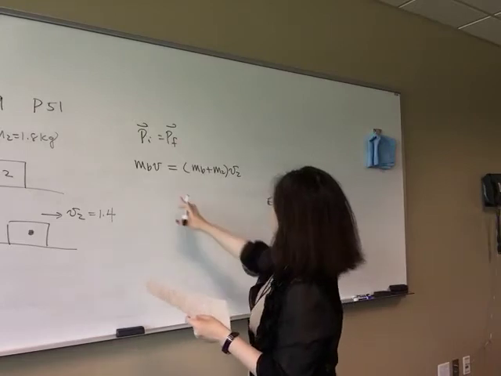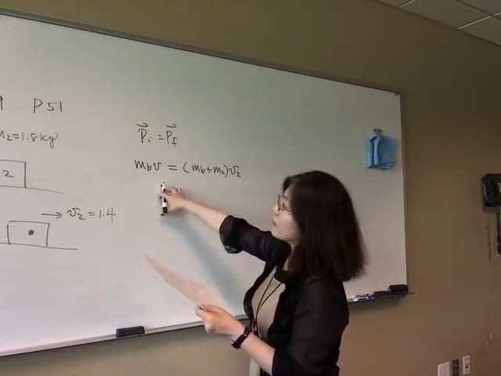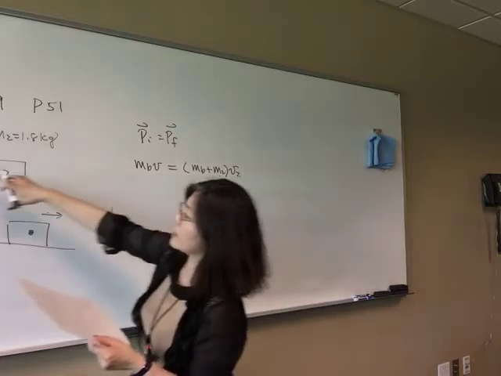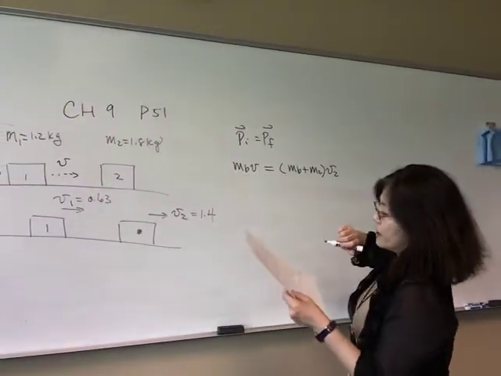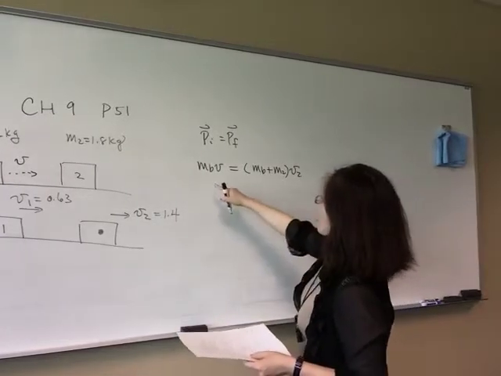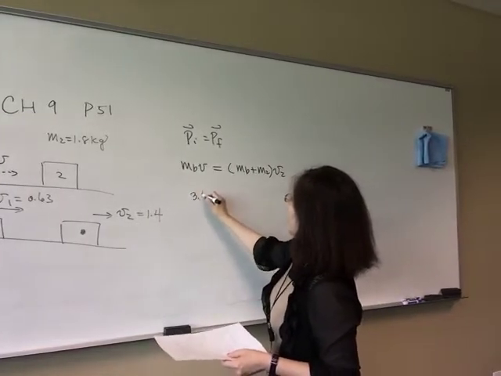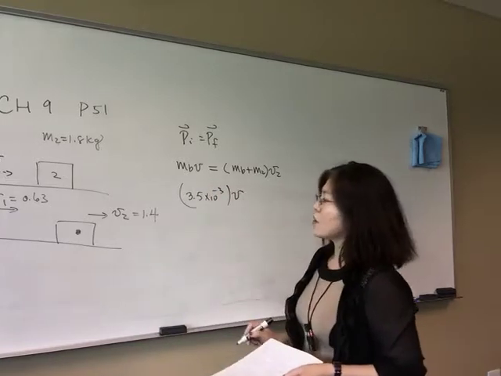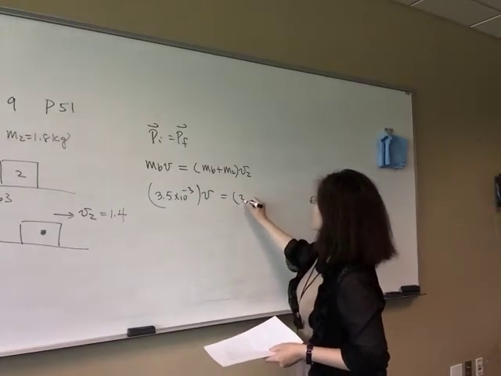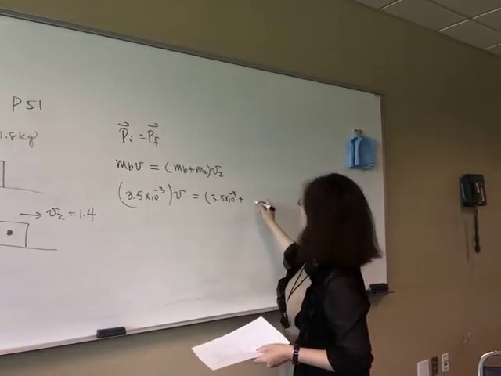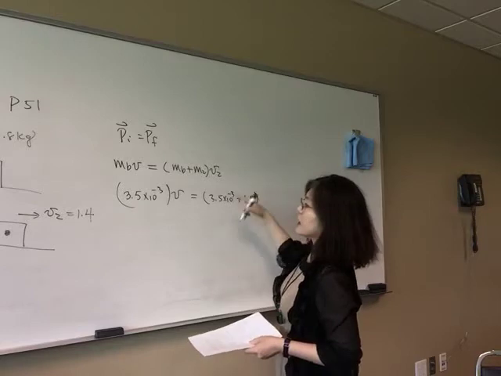In that case, you can calculate the velocity when the bullet emerges from block 1. So what you have here is 3.5 times 10 to the negative 3, times v, which is unknown, and that's equal to 3.5 times 10 to the negative 3 plus M2, and your M2 is 1.8 kilograms, times V2.